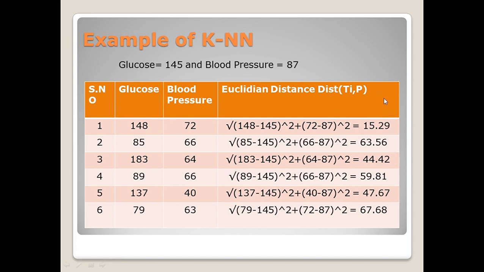As the value of k is 3, we will be taking the 3 nearest values from these results. The 3 nearest values are, for the first record, 15.29, for the third record, 44.42, and for the fifth record, 47.67.